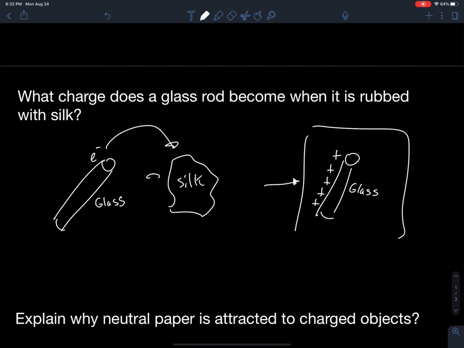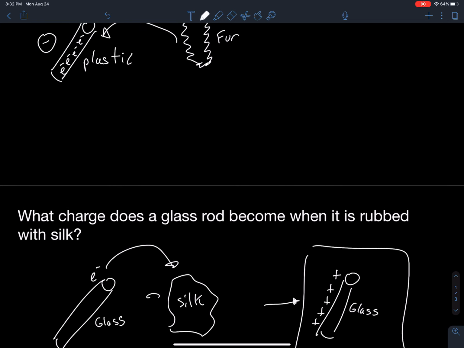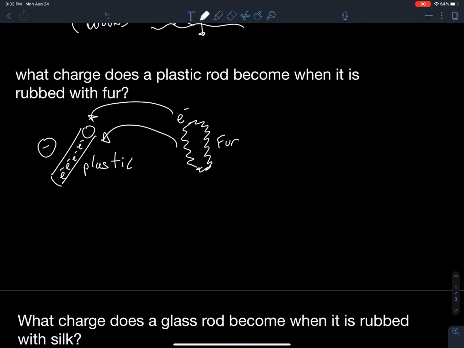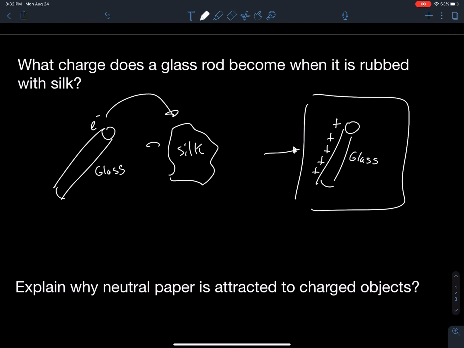That's important. So that's two different ways that we can generate charged objects. I can rub plastic with fur or amber and make it negatively charged, or I can rub glass with silk and make it positively charged. You need to know this because it could show up on an exam with those examples. These are often ways that we can charge things with different charges.